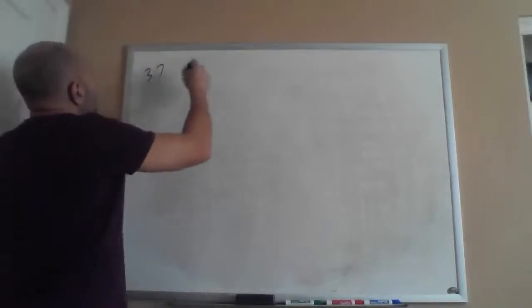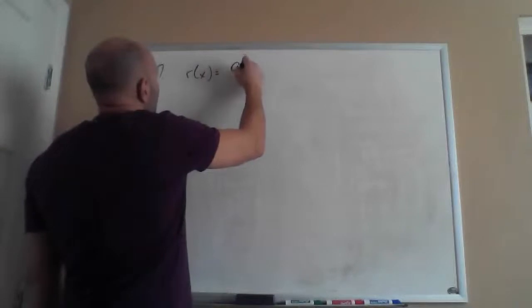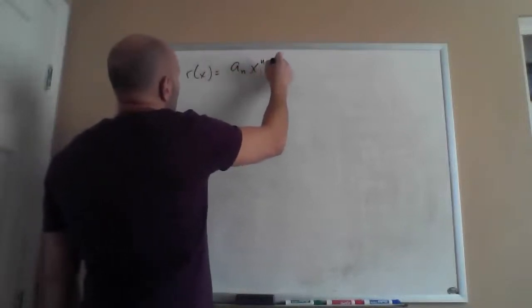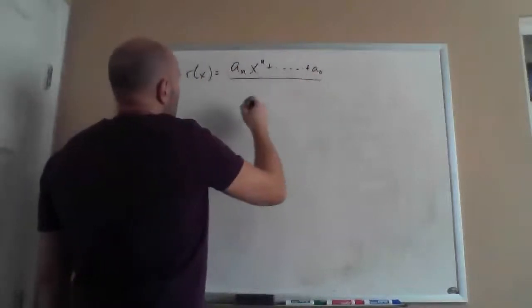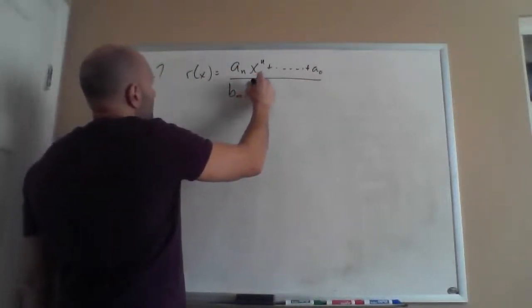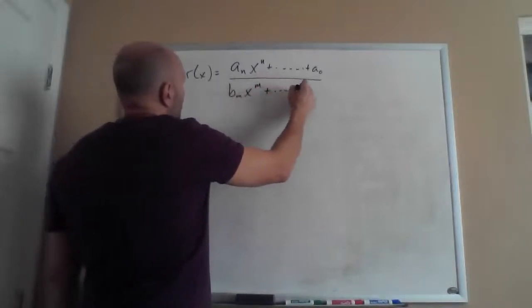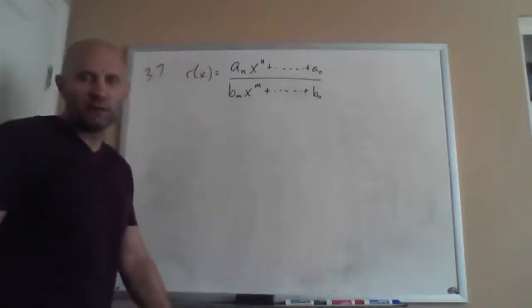So in 3.7, we have something that looks like this. So r of x is equal to a sub n, x to the n, plus a bunch of stuff, and then a sub 0, some constant, over b sub m, x to the m, plus a bunch of stuff, plus some constant in the denominator.